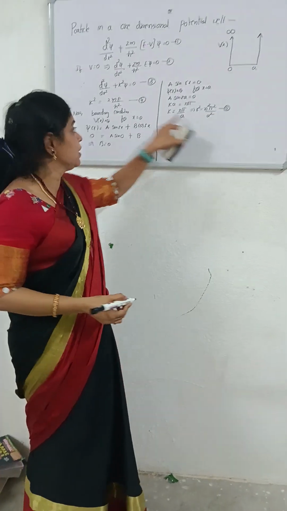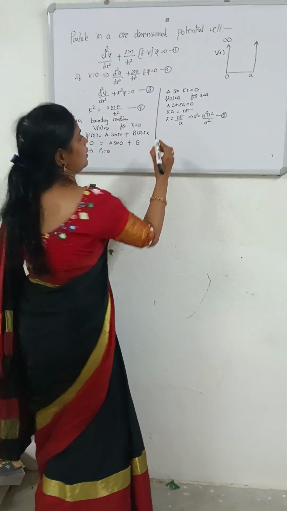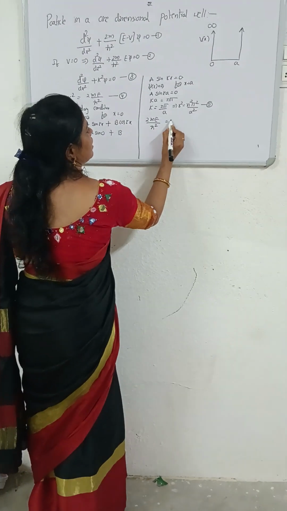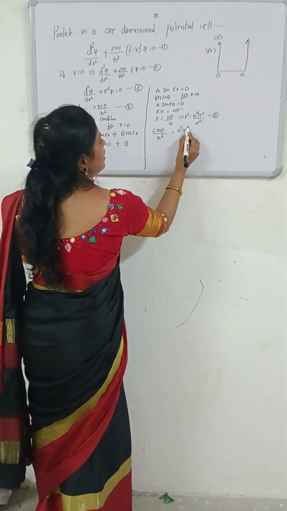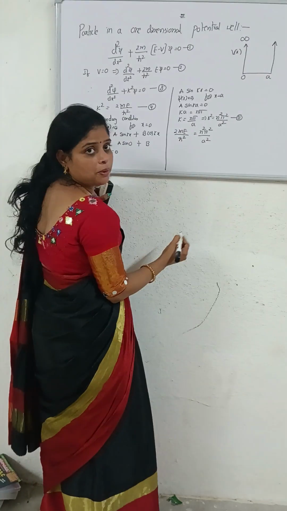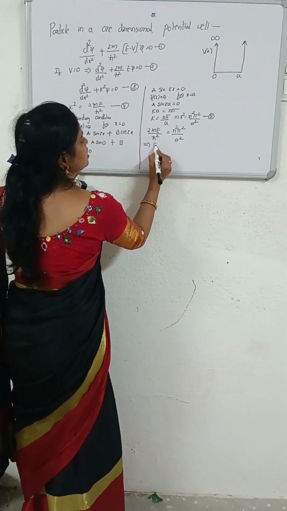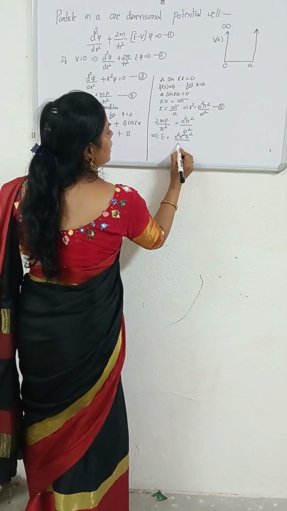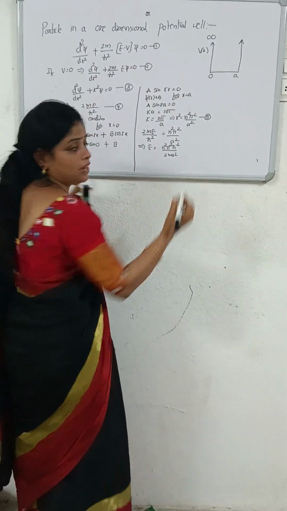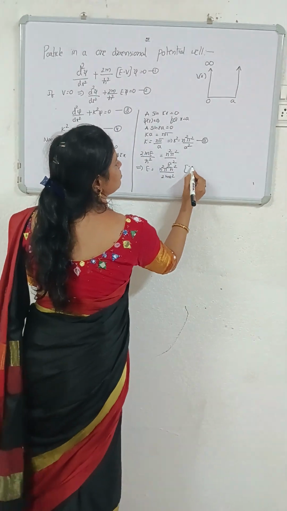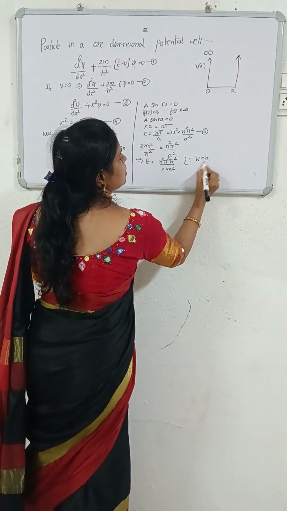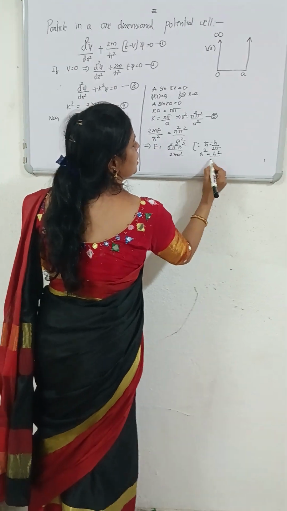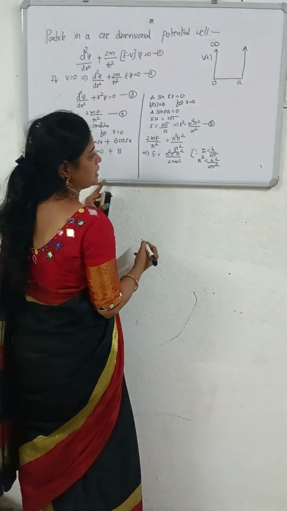Comparing equations 4 and 5, 2mE by h bar square equals n square pi square by a square. So E equals n square pi square h bar square by 2m a square. Since h bar equals h by 2 pi, h bar square equals h square by 4 pi square.